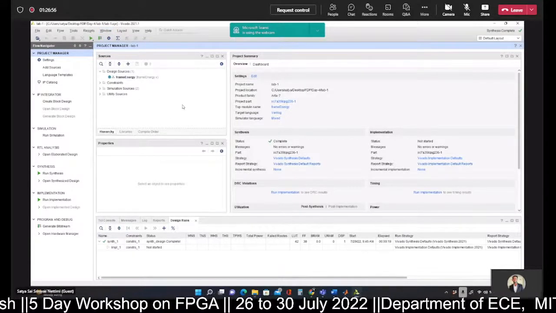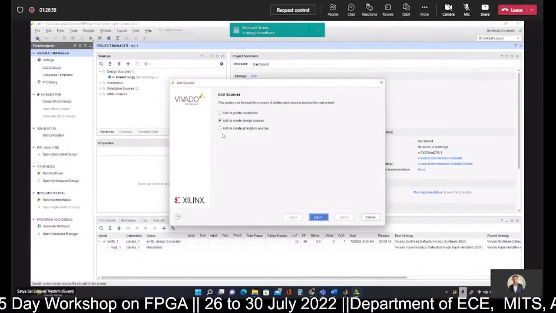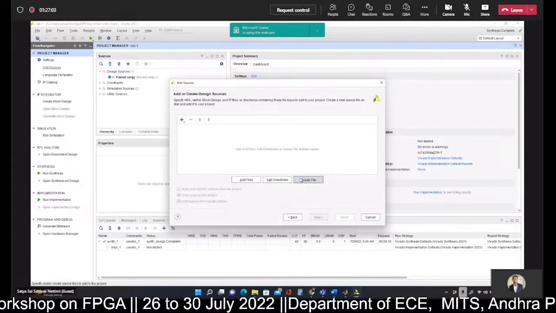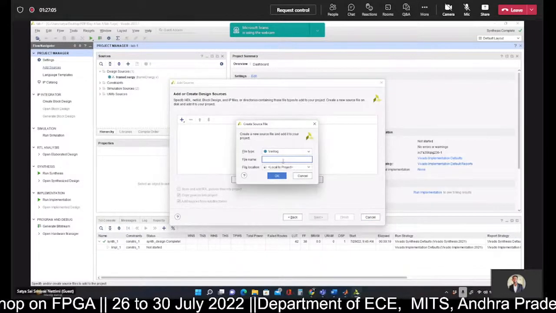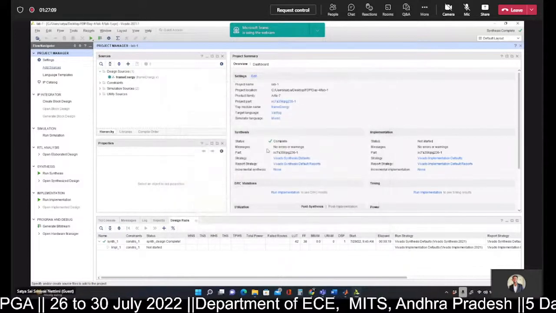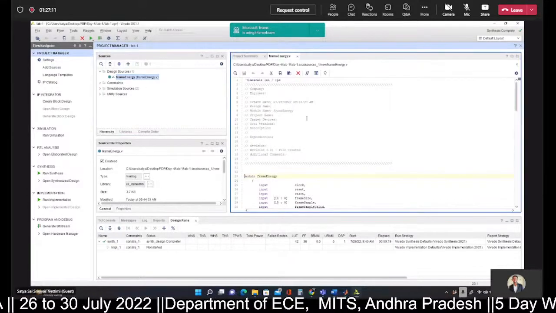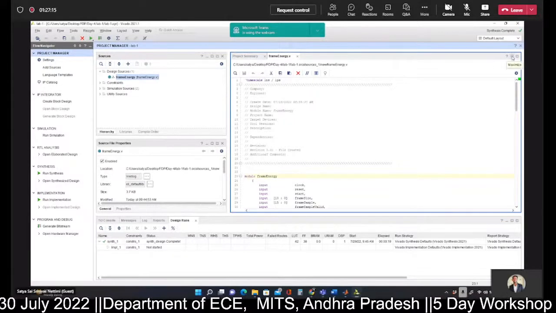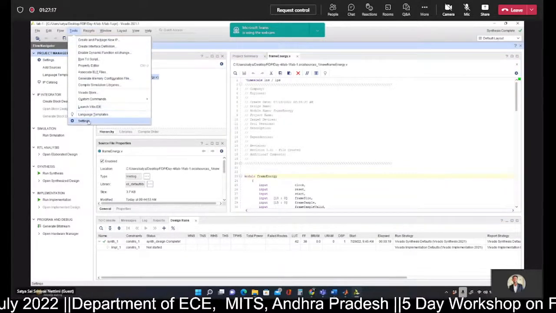Once the directory is ready, go to add sources, create design sources, and name the source file frame energy. On the screen you can see the frame energy. I will increase the font size, just a minute.